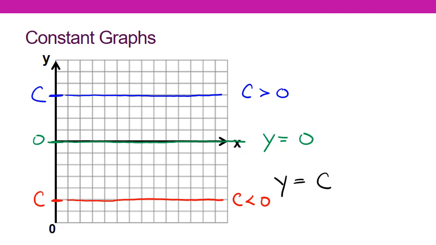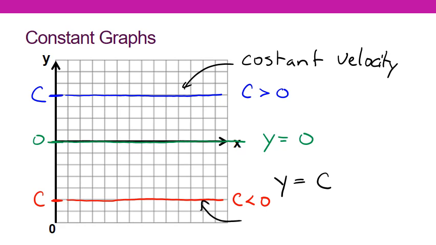This might show up when we're talking about constant velocities. If we had a constant velocity here that was positive, this would be the shape of the velocity versus time graph. Of course, if we had a negative velocity, then we'd have this graph here. Or this could be also the shape of a constant acceleration graph.